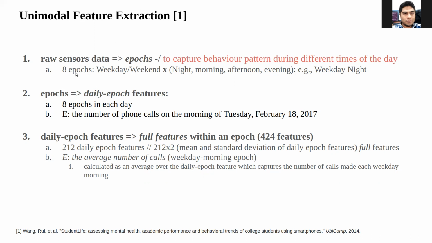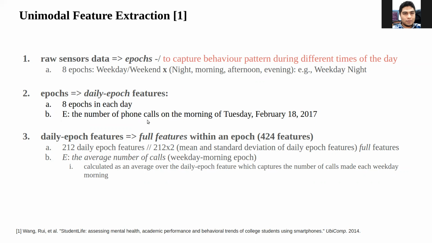So in total they have 8 epochs, and for each of those 8 epochs, for each day, they compute the features, all right? For example, the number of phone calls on the morning of Tuesday.